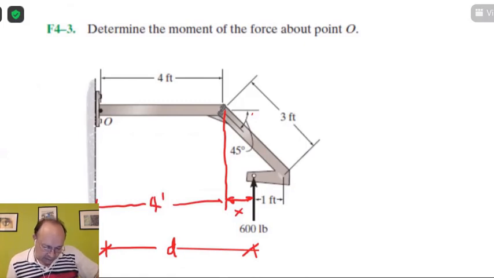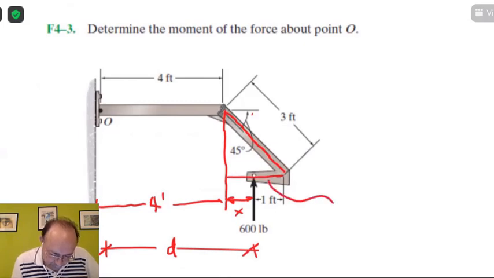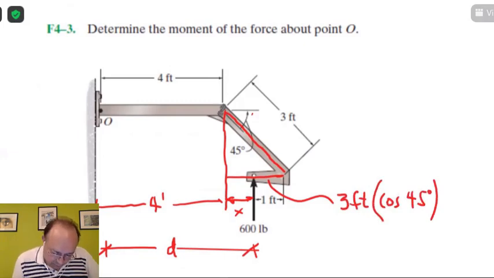So that x will be, if we take this 3 feet and get the horizontal projection here, that distance will be 3 feet cosine 45 degrees. And if we subtract 1 foot to that distance, that will be x. So let's put it here.